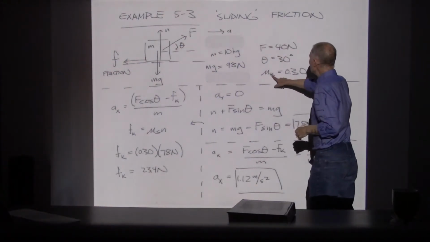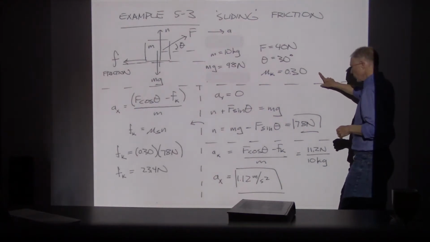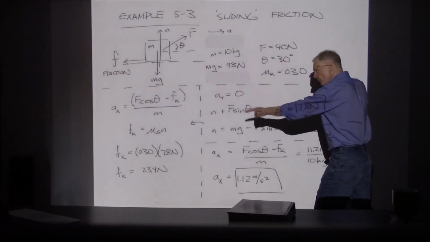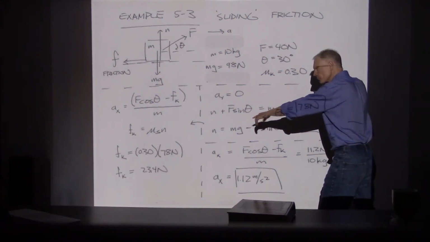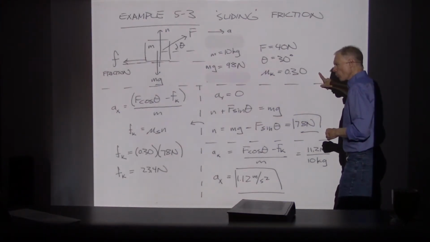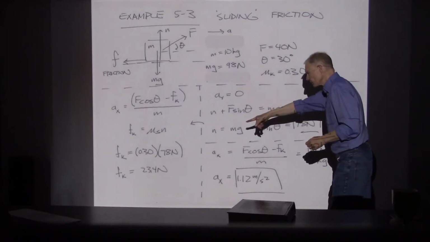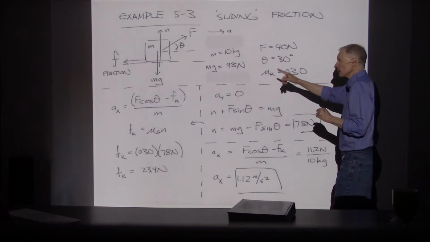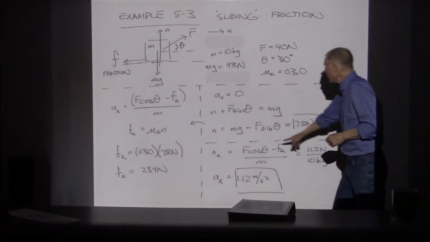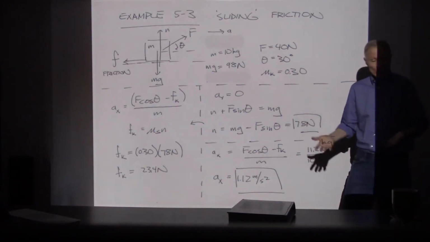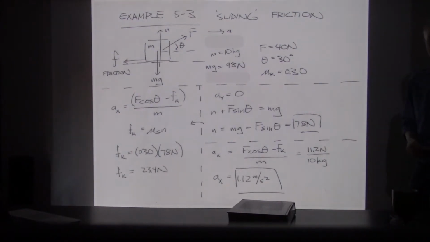If you remember, the mu sub s that we worked with before was 0.4. I'm thinking that's going to make the frictional force somewhere around 31 newtons maybe. And if that static friction, not kinetic but static, was 31, then we would have to pull with at least 31 to get the whole process started.